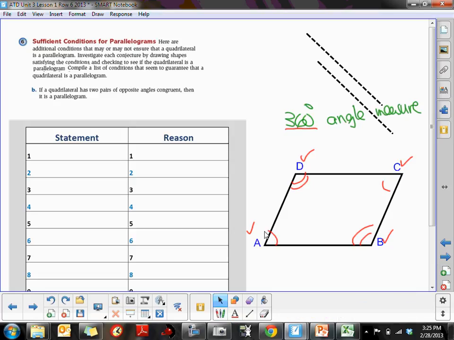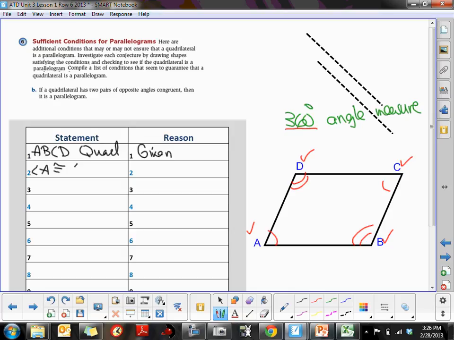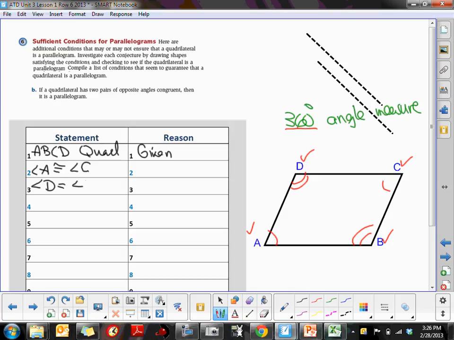And I'm going to start writing out this proof so that you can see where it's headed. So first of all, we're starting off with ABCD is a quadrilateral. That's given to us. And we're also given that angle A is congruent to angle C, and angle D is congruent to angle B. And this is all by given.